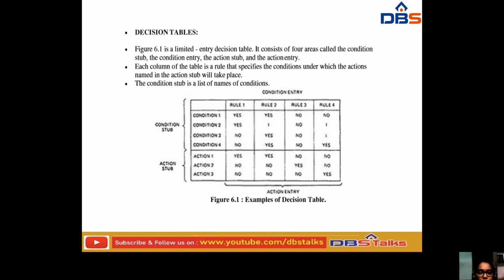In action 2 we are not applying these rules, and only rule 3 we are applying. In action 3, at rule 4 we are applying, and at the remaining places we are not applying.